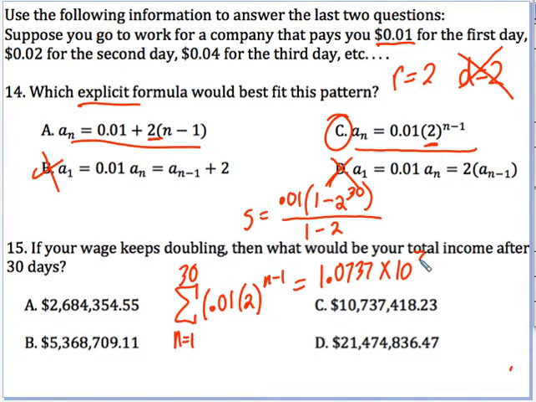So that means I need to move this over 1, 2, 3, 4, 5, 6, 7. So, you know what? I don't even need to actually count those because not a single one of those starts out as 10,737 except for C. So I know that that is my correct answer.